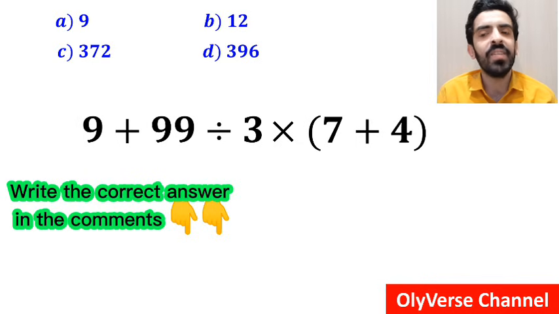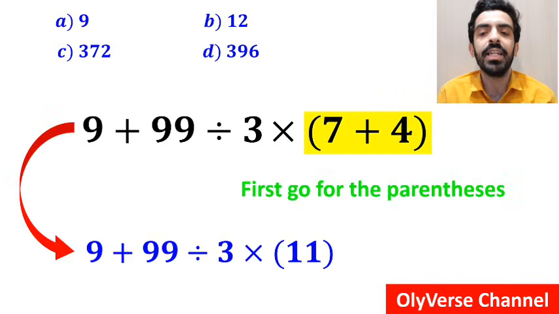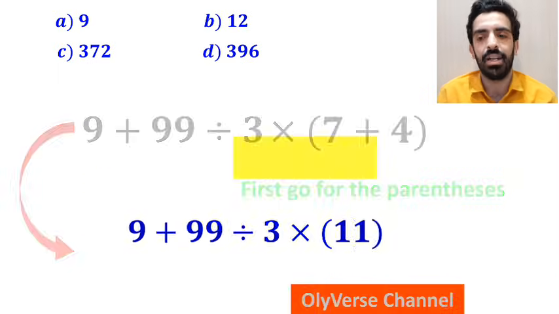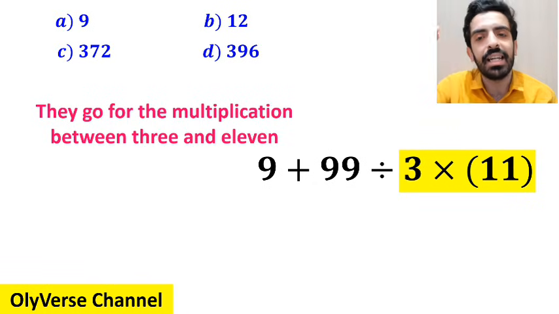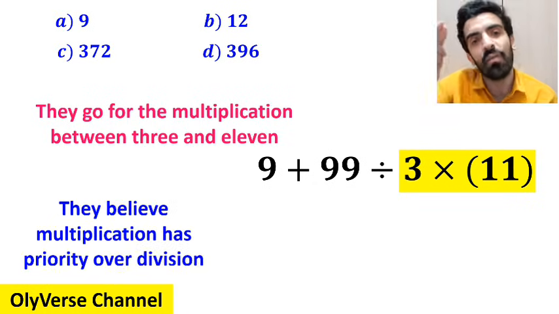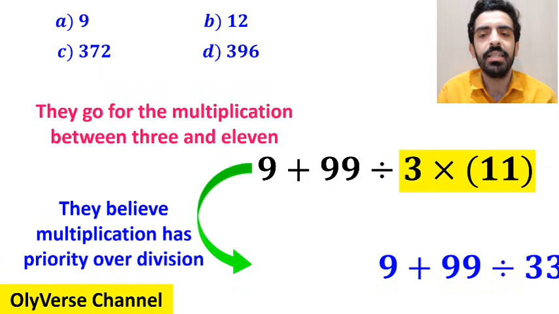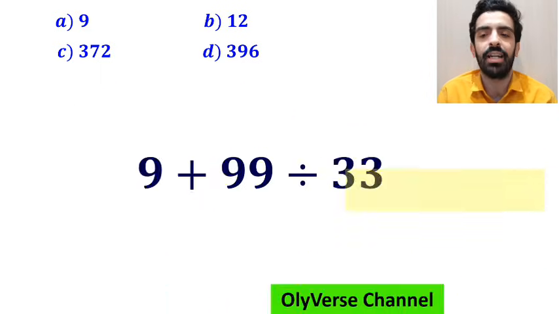Also, some other people, when solving this question, first go for the parentheses and write this expression as 9 + 99 ÷ 3 × 11. In the next step, they go for the multiplication between 3 and 11, because they believe multiplication has priority over division. So, this expression simplifies to 9 + 99 ÷ 33.